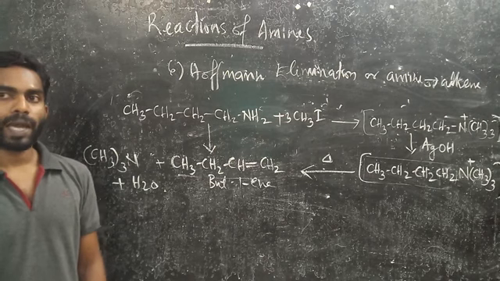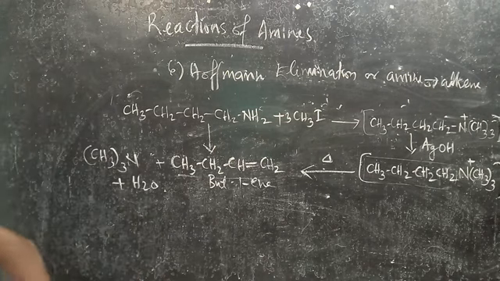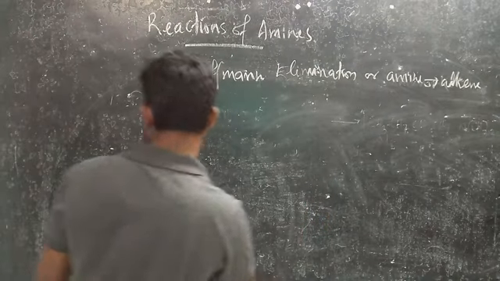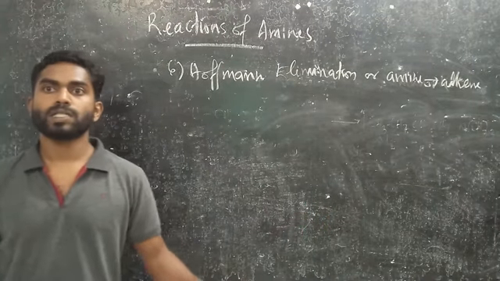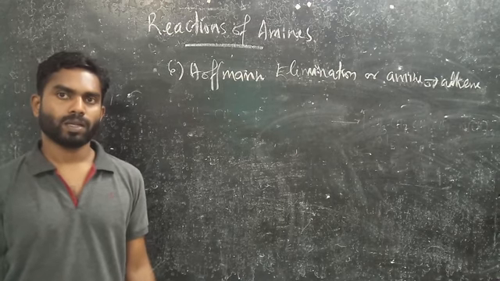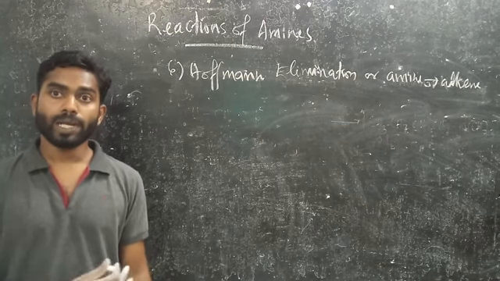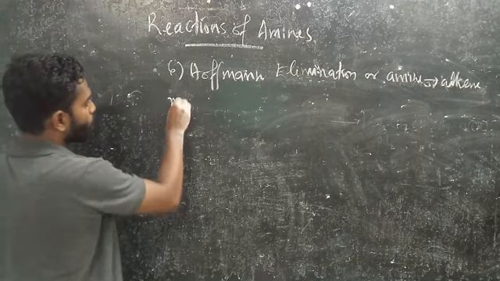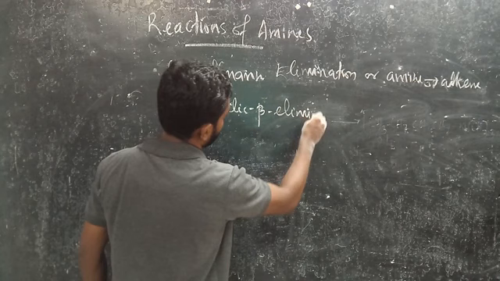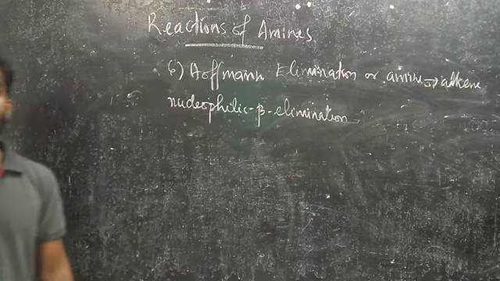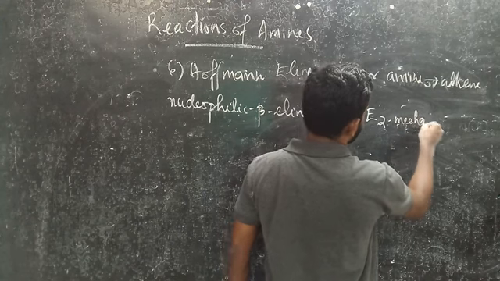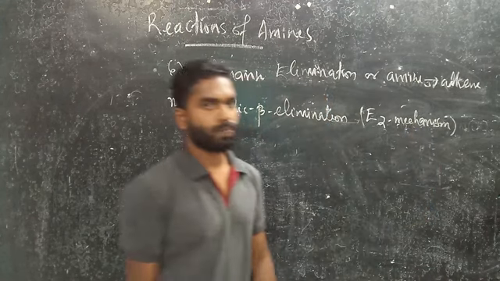Next, we are going to discuss the mechanism of Hofmann elimination. Hofmann elimination is a nucleophilic beta elimination reaction that proceeds by the E2 mechanism.